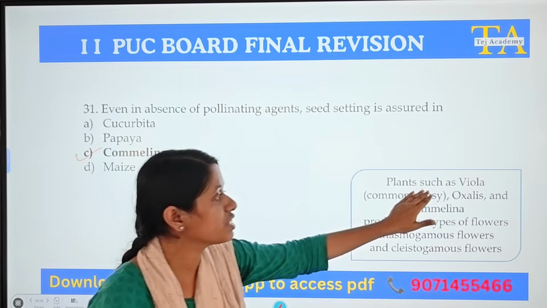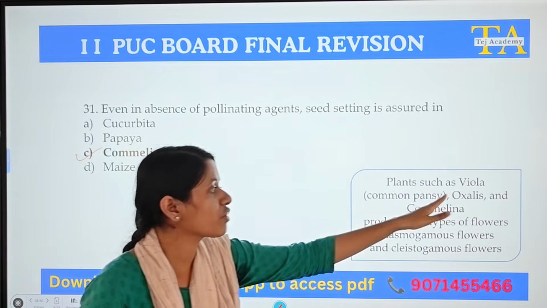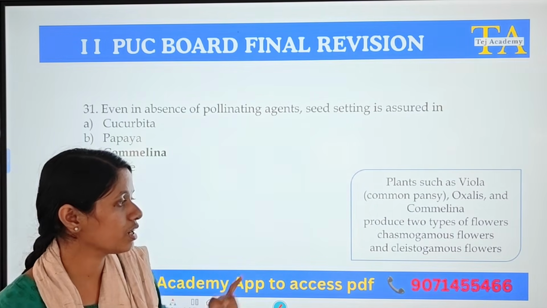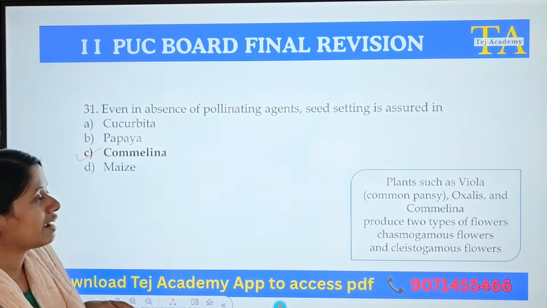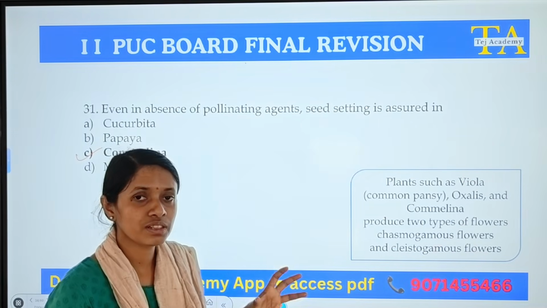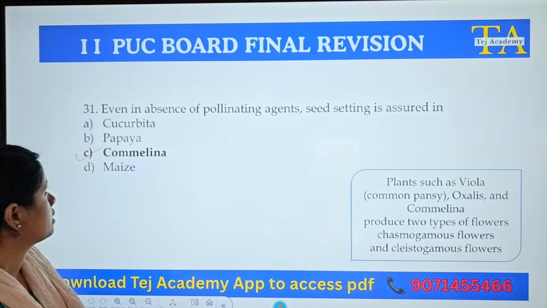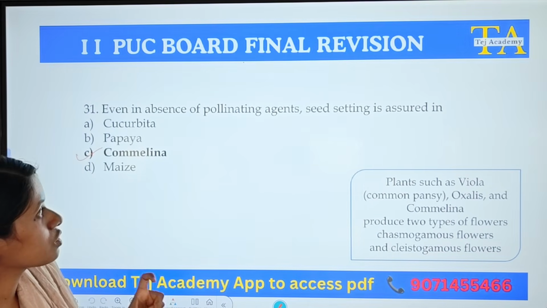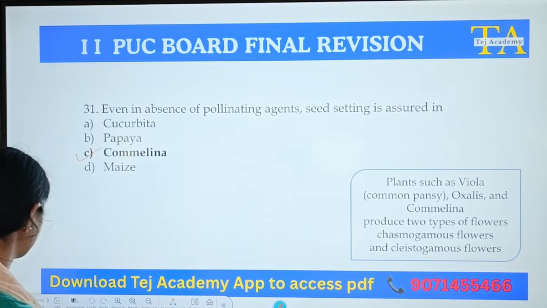And plants such as viola, which is called common pansy, oxalis and commelina produce two types of flower, that is chasmogamous flower and cleistogamous flower. Okay, and cleistogamous flowers are produced to ensure self-pollination. And even if there is no pollinating agent, in cleistogamous flower, you will see seed setting.